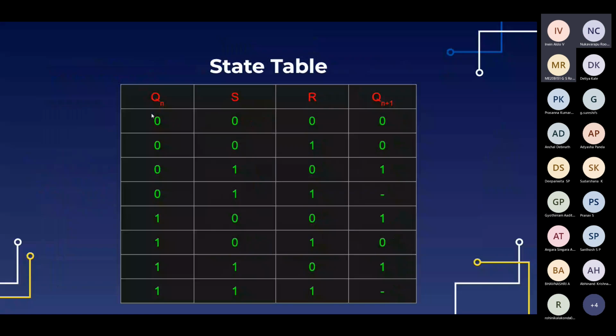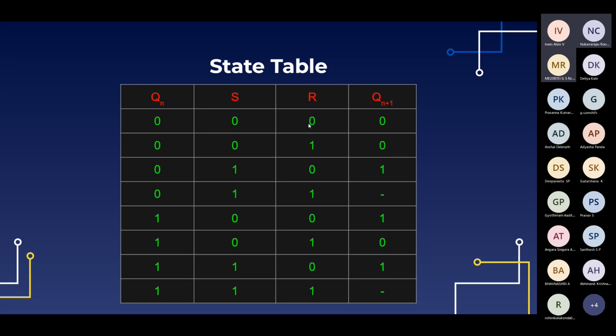Actually, the state table is nothing but an expanded version. We are speaking about all possible cases of Q, S, and R, and the corresponding values of Qn plus 1. Every case, from 0, 0, 0 to 0, 0, 1 up to 1, 1, 1, we are discussing, and corresponding to each case we are telling what the value of Qn plus 1 is.